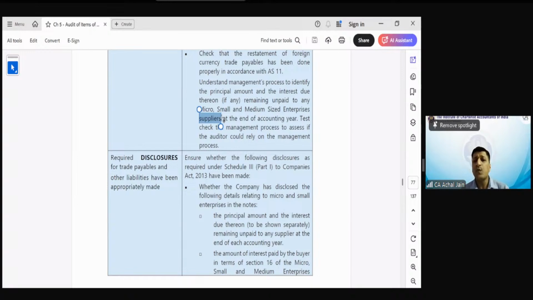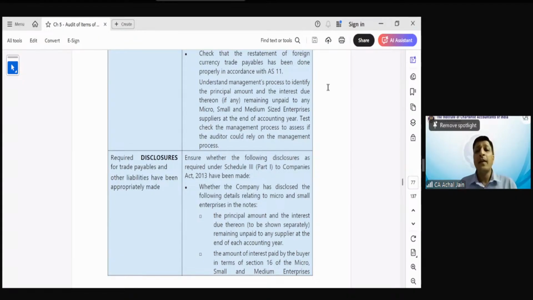So now in this case, once again, the procedure will be to ensure whether those disclosures, presentation requirements have been appropriately made in the financial statements or not. And of course, in addition to the disclosure as well as the presentation requirements, it will also be important to check whether the classification of all the trade payables into MSME and non-MSME has been appropriately done or not.